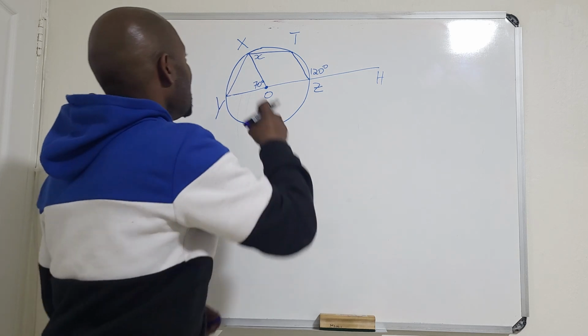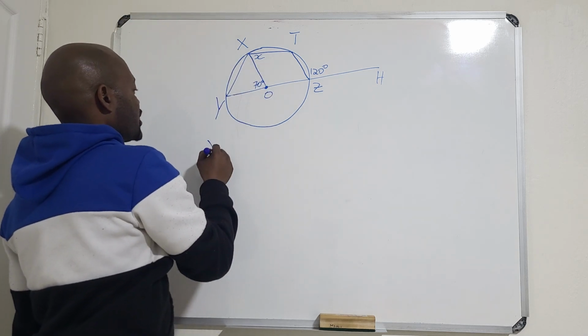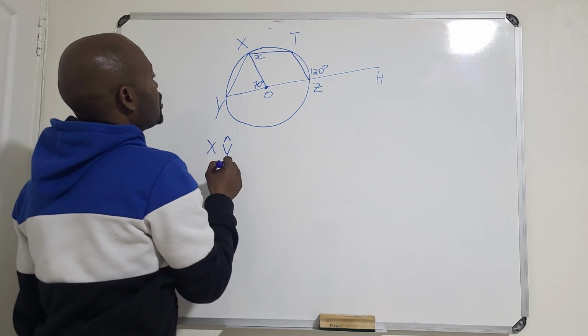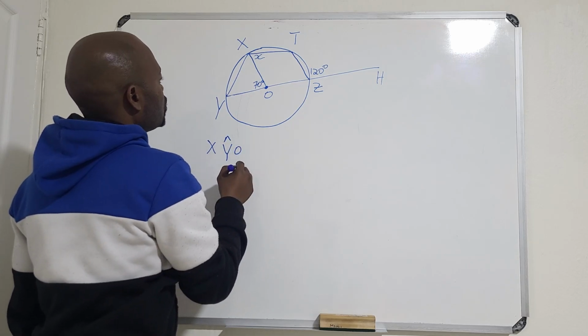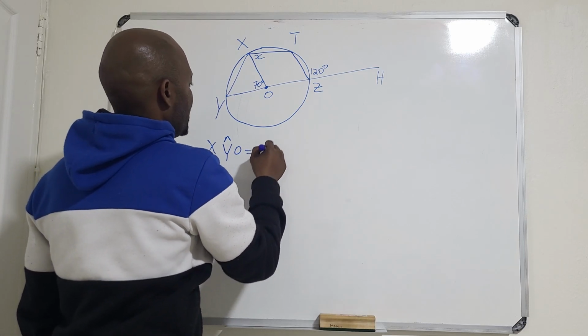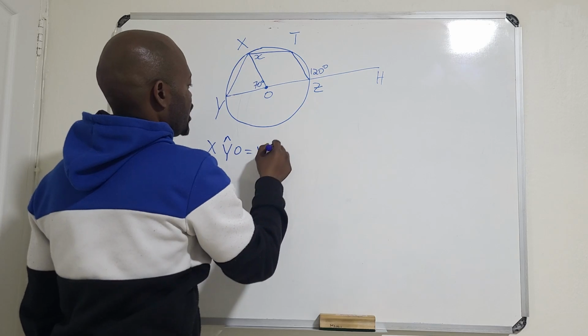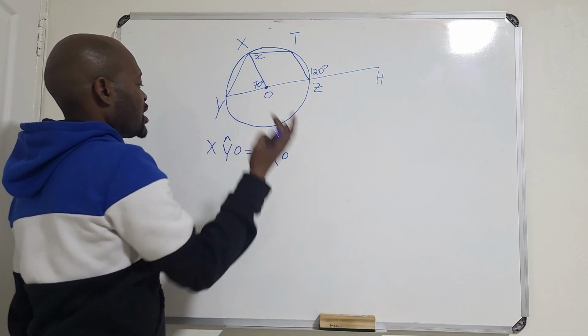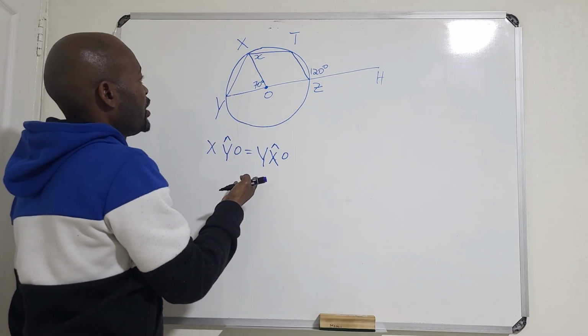Let's find angle XYO is equal to angle YXO. We say this angle is equal to that angle. That's what we mean here.